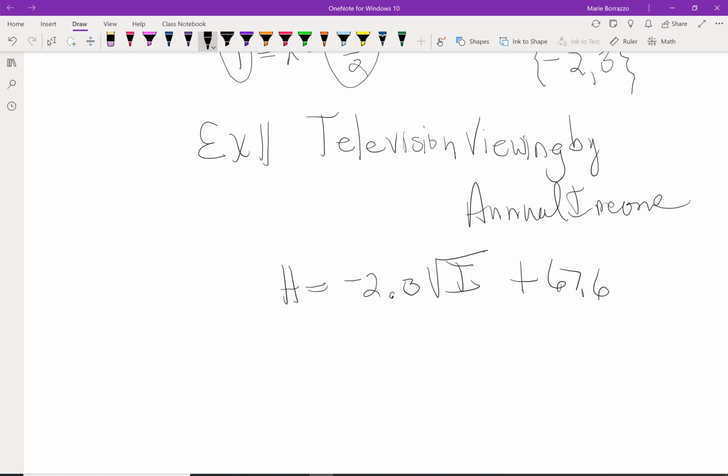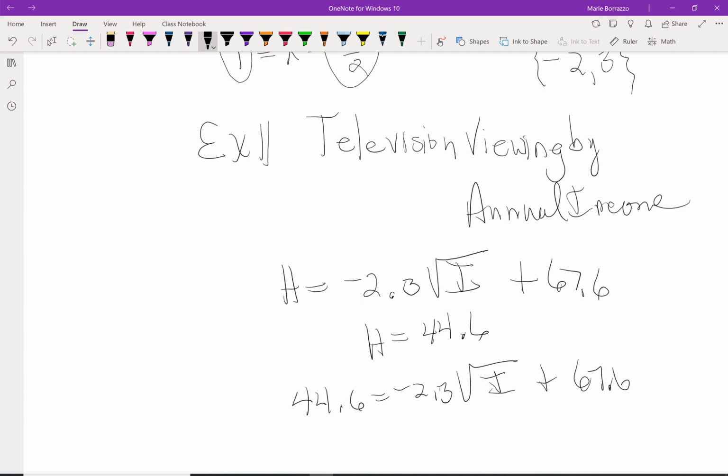Now, in this question, H represents how many hours, by annual income. So they give you H, and they tell you that H is equal to 44.6. Okay, big deal. Plug it in. So 44.6 is equal to negative 2.3 times the square root of the I value plus 67.6.